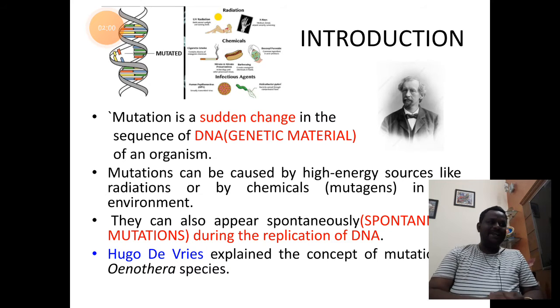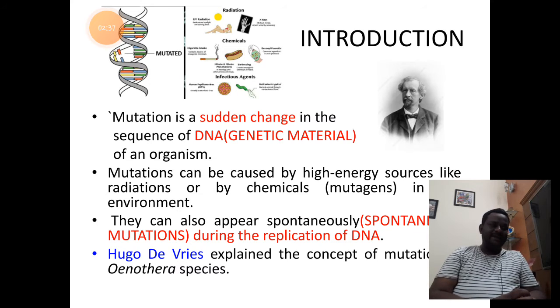As we all know, DNA is made up of units called nucleotides or nitrogenous bases like adenine, guanine, cytosine, and thymidine. It is a double-stranded segment. Any change in the given sequence of DNA for a gene could result in the process of mutation.